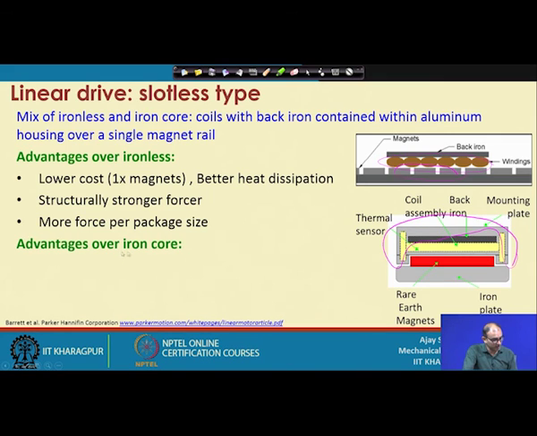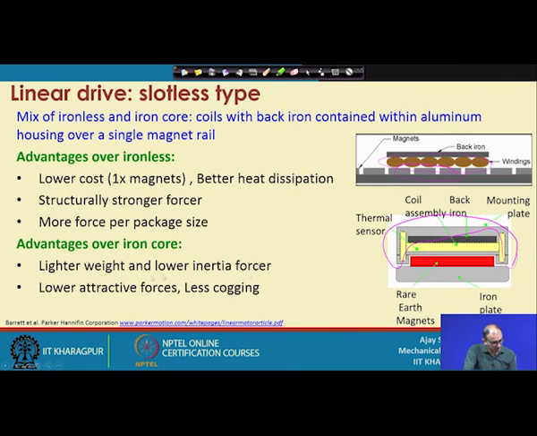Now, what are the advantages over the iron core? That is the first one. The ironless was the second one, whatever we have discussed, and the advantages of the iron core, that is the first one, are the lightweight and lower inertia forces. Lighter weight means this lightweight is in comparison with the first one, the iron core, not with this one, because this is the lightest compared to all three cases.